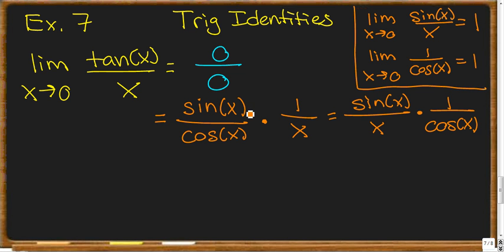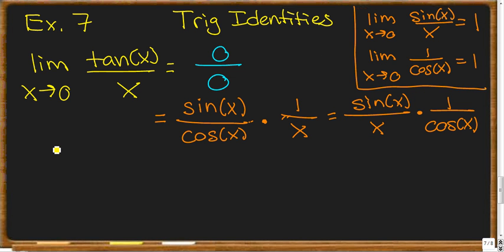You see that when we multiply fractions, it's like having one big dividing line because you multiply straight across. So it doesn't matter if I switch the cosine and the x, as long as I'm still multiplying. So now I have two identities at the top that I can use to answer my question.